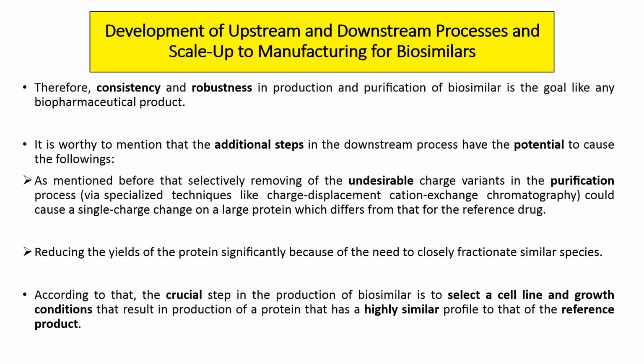When we selectively remove the undesirable charge variants in the purification process via specialized techniques like charge displacement or cation exchange chromatography, what can this cause? This can cause a single charge change on the large protein that will result in a new protein that differs from that of the reference drug.